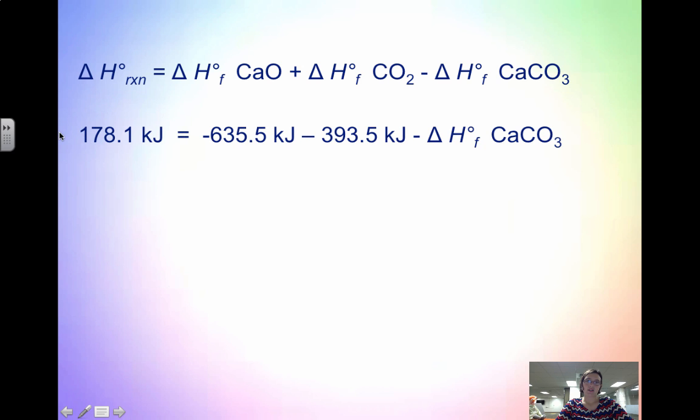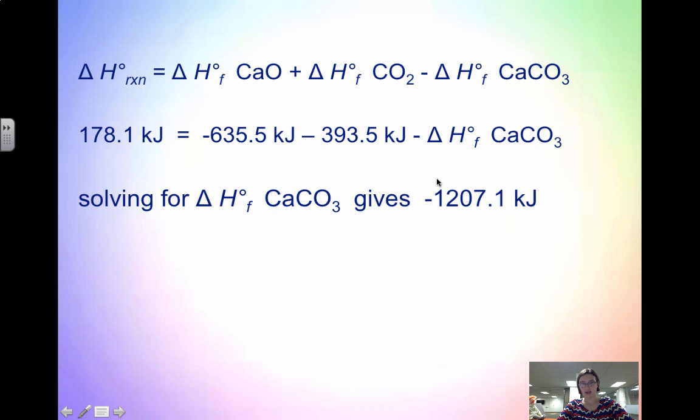They say the delta H naught of reaction is 178.1 kilojoules, that's the overall heat of reaction, equals negative 635.5, that's calcium oxide, negative 393.5 is CO2, minus delta H formation of CaCO3. This is what we're trying to find. This is X. So we have the overall value, we have the values for the products, we're trying to find the heat of formation of the reactant.